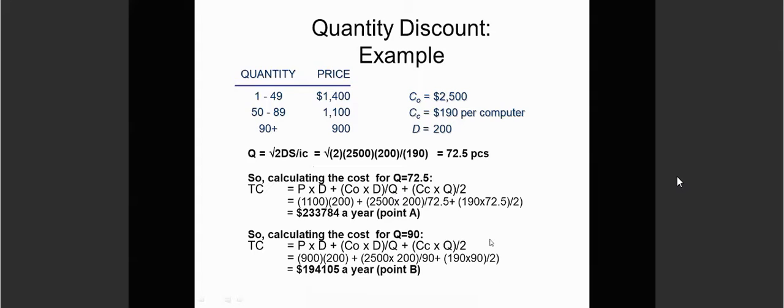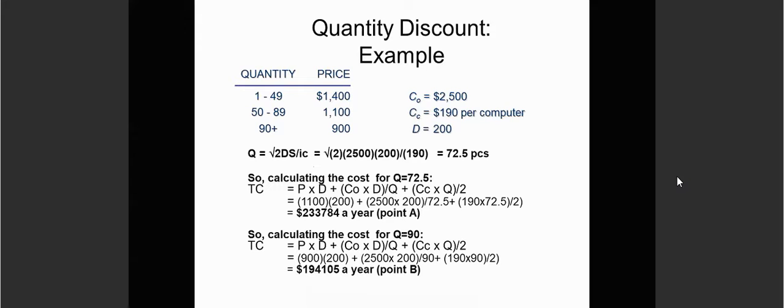So this approach only applies to the quantity discount model with a fixed carrying cost.